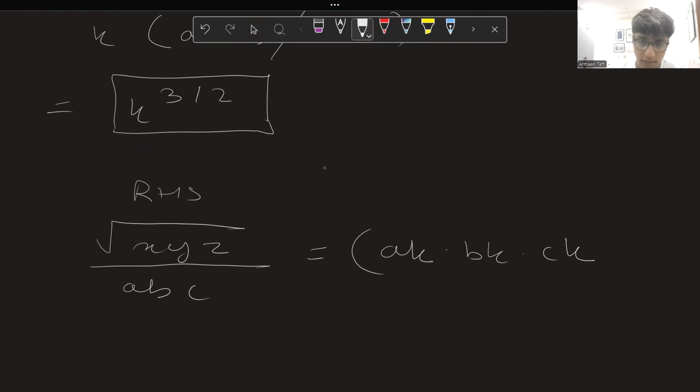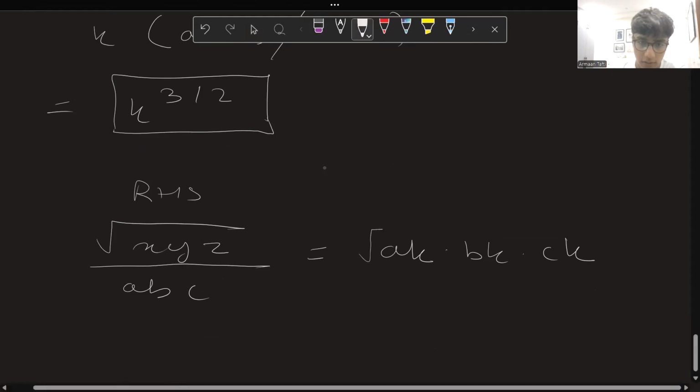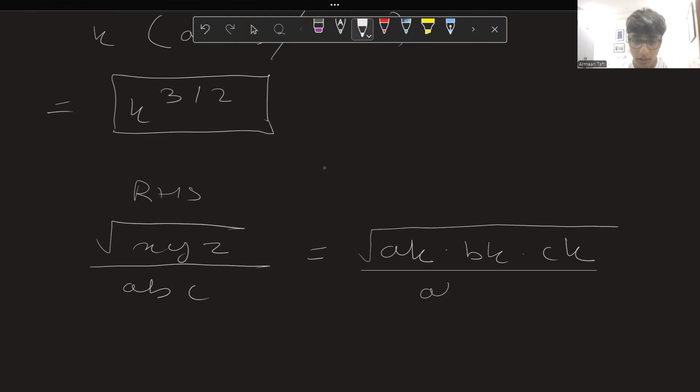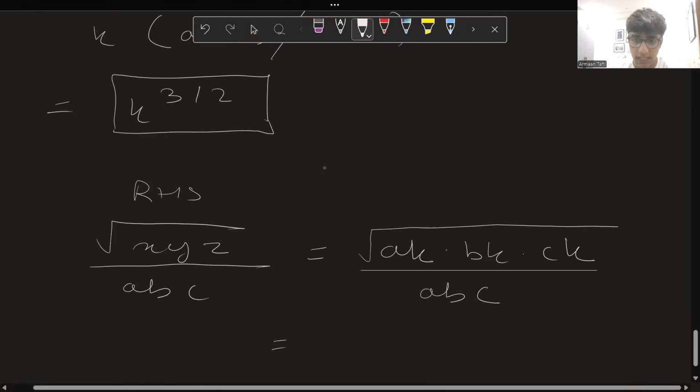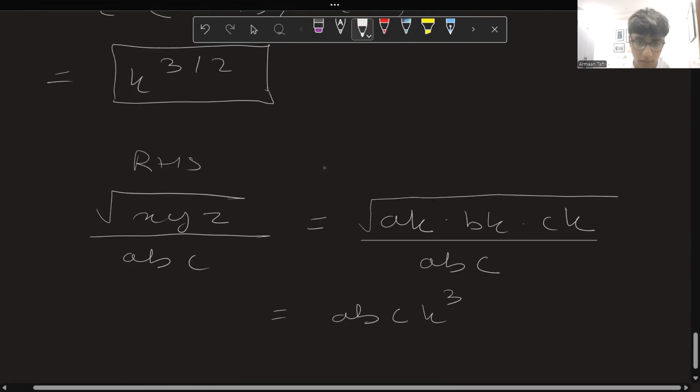This is an entire square root divided by abc. This is what? abc times k cube, square root.